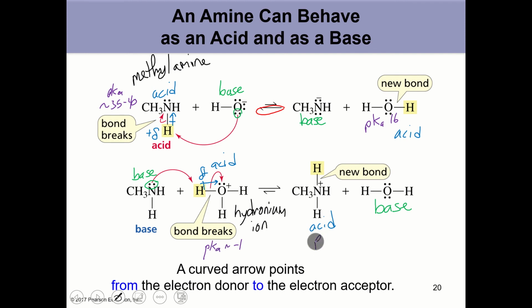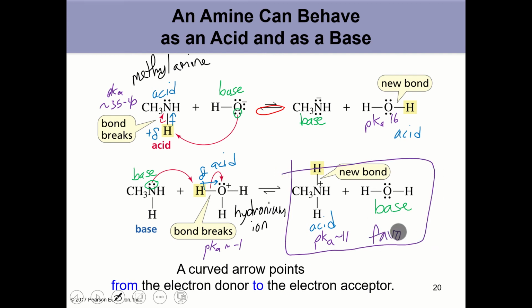And the pKa of protonated methylamine, for a protonated amine, is approximately 11. 11 is larger than -1, and so the formation of the protonated amine acid is favored. So we'll say equilibrium favored.